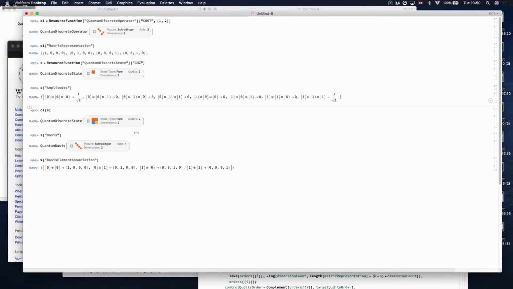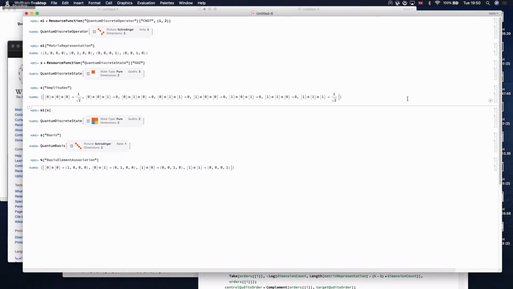Let me understand what this did. This is a quantum discrete state with 3 qubits, and those are the amplitudes for that state in that basis.